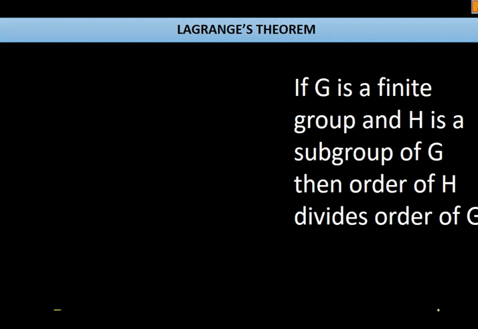But you know what? The interesting story behind Lagrange's theorem is that actually Joseph Lagrange, belonging to France, did not prove this theorem. Actually, Joseph Lagrange stated something about the number of distinct polynomials in n variables and permutations of these n variables.